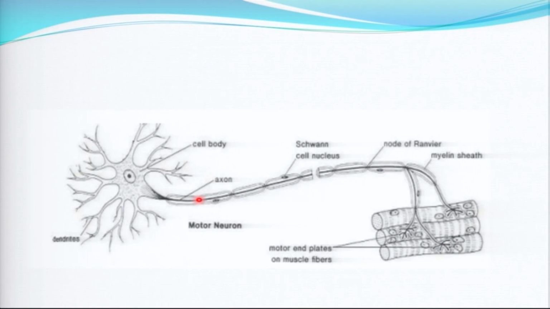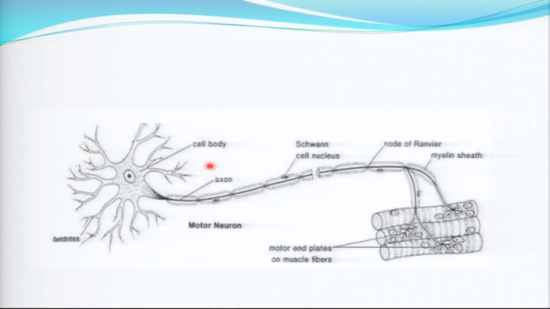Are you getting this? If you move slowly like this, it will be different from when you move like this, jumping. So it can increase your speed. When the message reaches one node of Ranvier, the impulse can jump to the next one. Are you getting this point? So this is the role of the node of Ranvier.